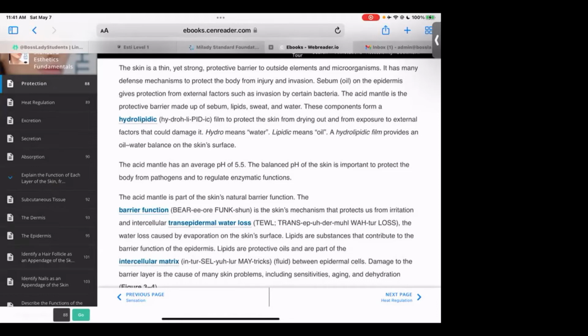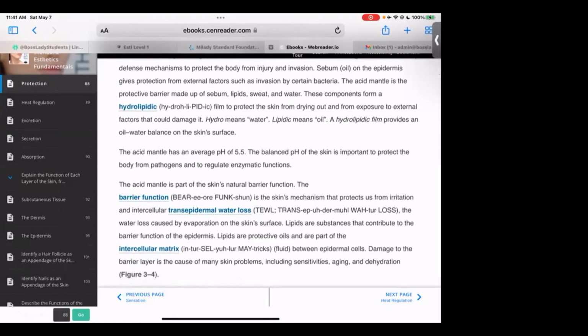Lipids are substances that contribute to the barrier function of the epidermis. These lipids are protective oils and are part of the intercellular matrix. The intercellular matrix is the fluid between the epidermal cells, and damage to the barrier layer is cause of many of your skin's problems. So this can include sensitivities, aging, and dehydration.